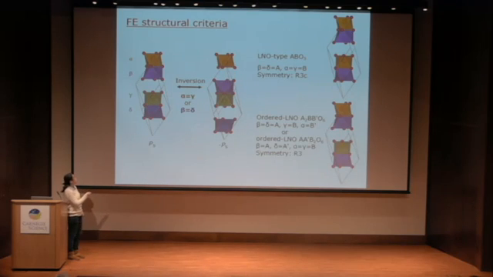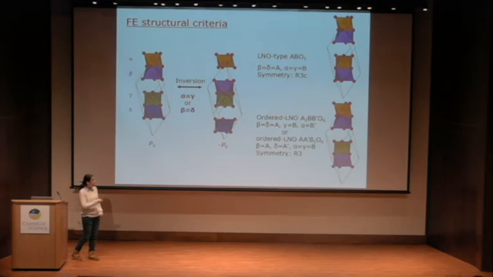The only possibility is either this yellow is equal to the green, or the purple is equal to the blue, as shown here. When both those conditions are satisfied, then we have this lithium niobate structure, this AB, AB. If only one of these conditions is satisfied, then we have this AB, AB prime structure.